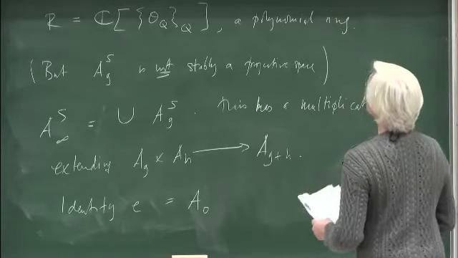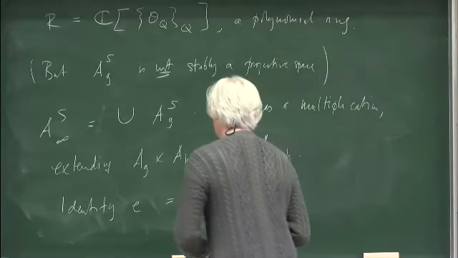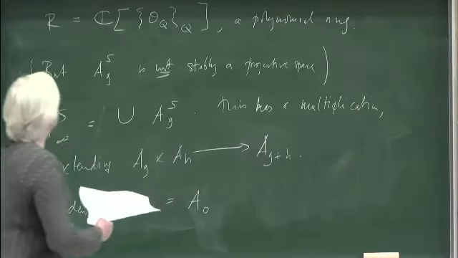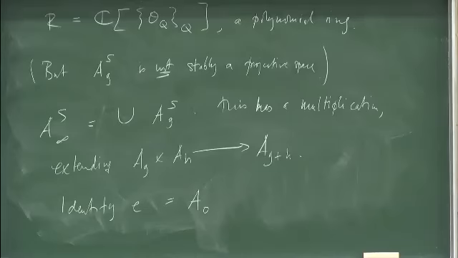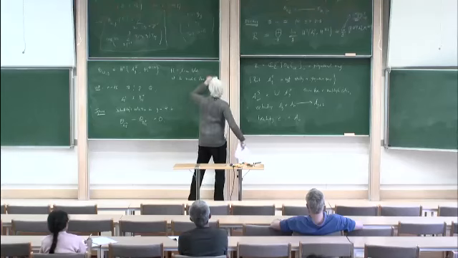So this ring R, which I'm looking at, is the ring associated to some line bundle on this.